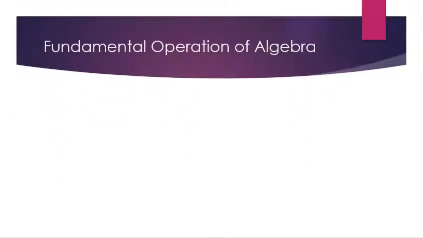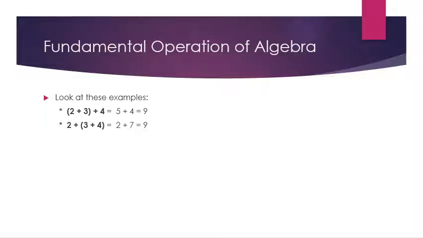The second fundamental operation is this example, where you have in a bracket 2 plus 3 close bracket plus 4 equals 5 plus 4 equals 9. It is also the same if we put 2 plus inside a bracket 3 plus 4 close bracket equals 2 plus 7 equals 9.